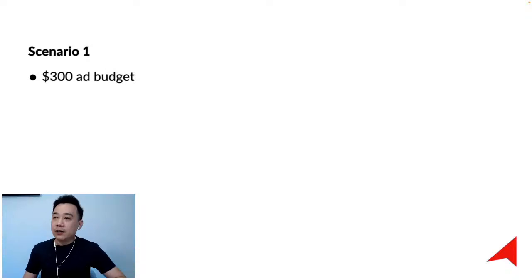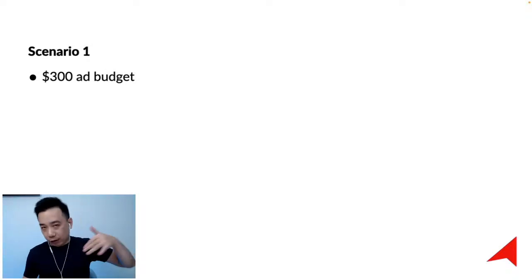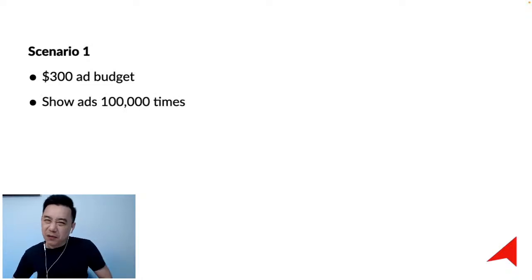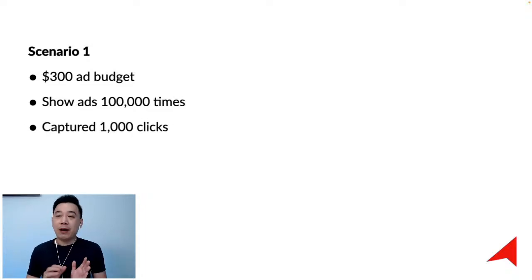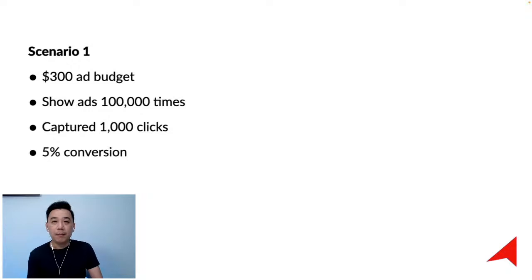So anyway, if you spend $300 on tier 1 ad or the broad targeting ad, say for example, you reach your audience about 100,000 times, fine. I mean, this is just an illustration anyway. So you spend $300, you reach your audience 100,000 times. Let's say we stick back to the 1% click-through rate, which is good, all right? So let's say 100,000 times will get you about 1,000 clicks, okay? So 1,000 clicks, fine. So out of these 1,000 who clicked, let's say 5% of them bought something from your website. Is that cool?